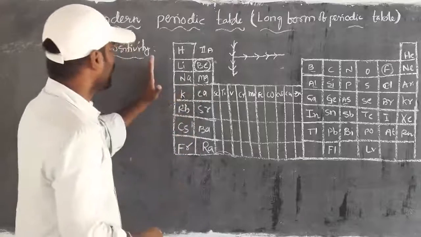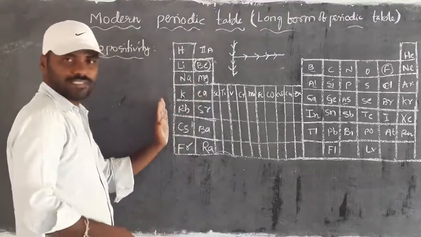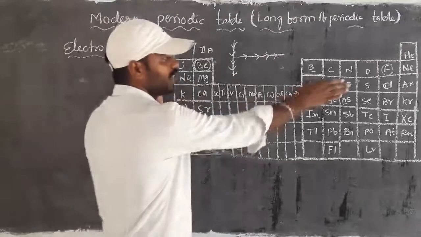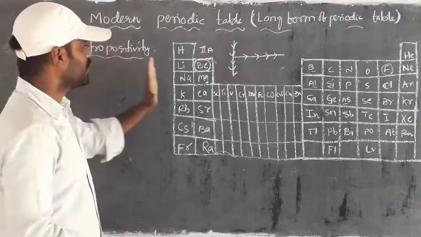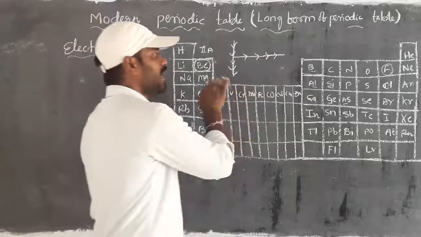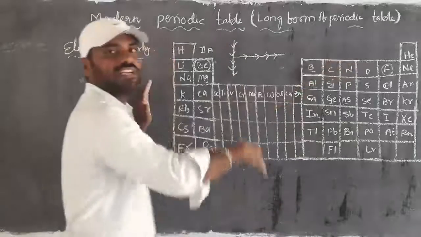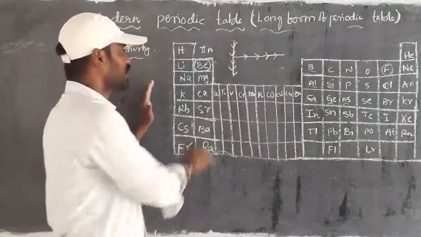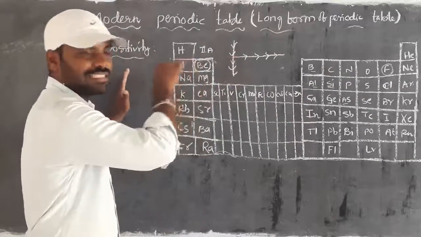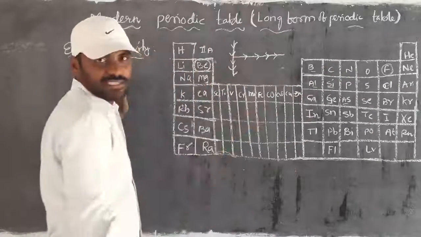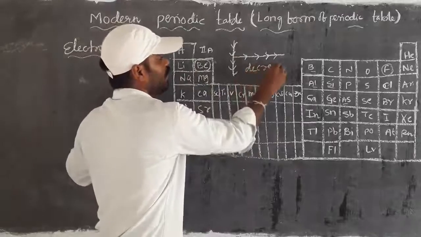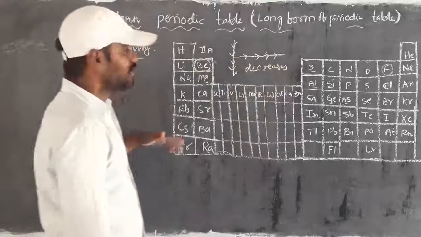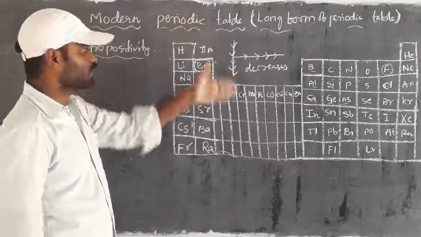On the left side we have metals, and moving to the right side we have non-metals. So electropositivity is more for metals, and moving to the right it gradually decreases. How does it change in groups?